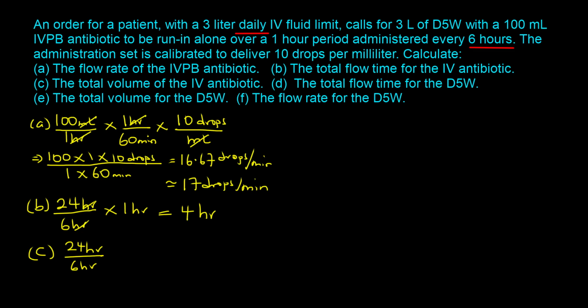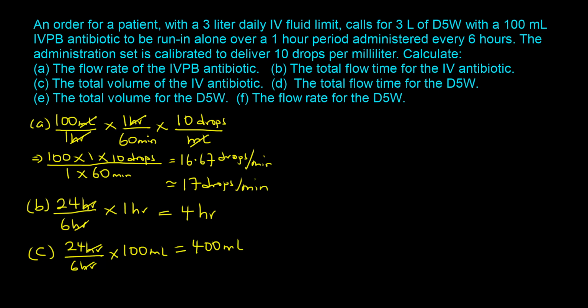So this ratio gives us the number of times that you would run the bag, and the volume of each bag is given as 100 milliliters. So the hours cancel out, and your total volume will be 400 milliliters.